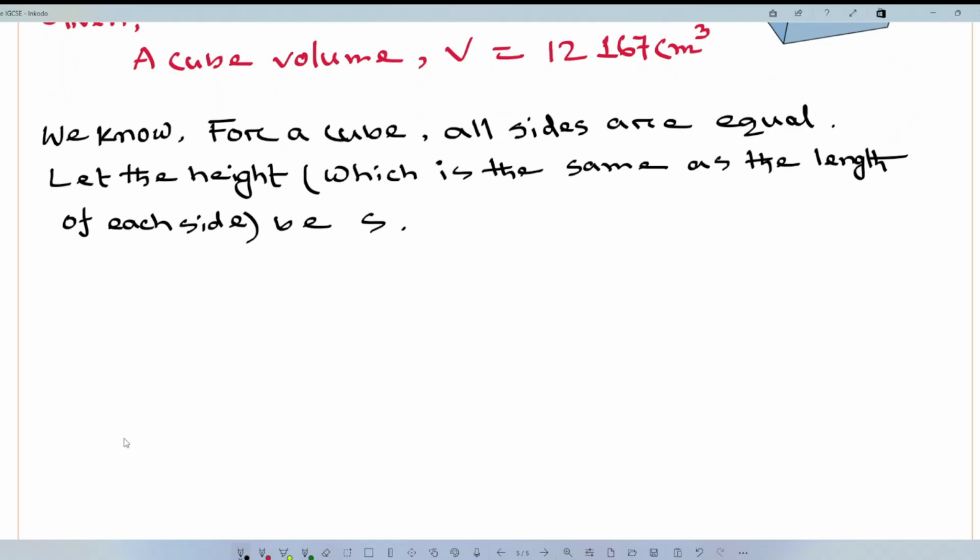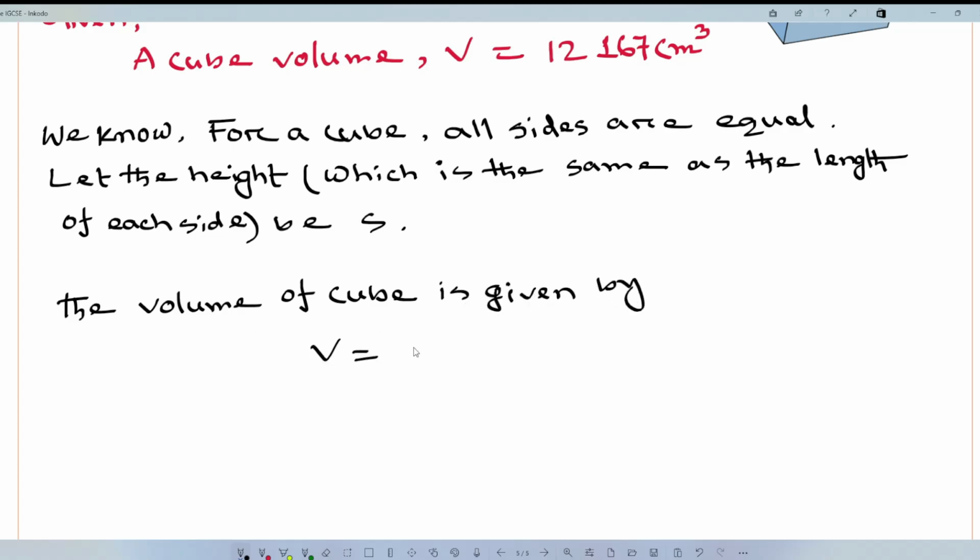So we can write like this: the volume of a cube is given by V equals S cube.